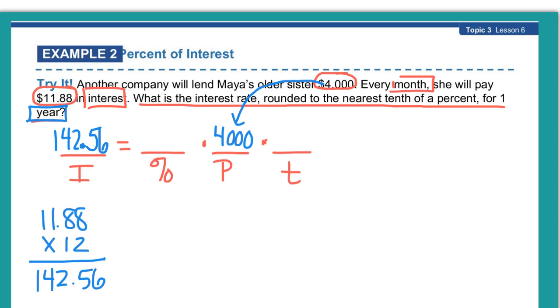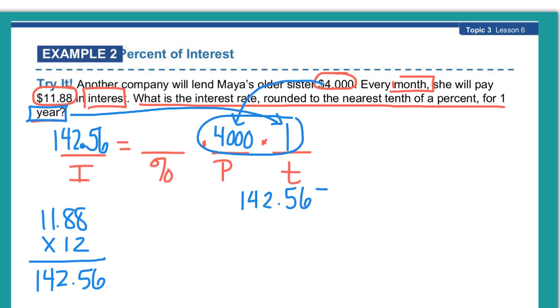And then we want 1 year. Okay, so I can go ahead and multiply those together. I'm still going to have $142.56 on the left, an equal sign in the middle, I don't know, and 4,000 times 1 is 4,000.